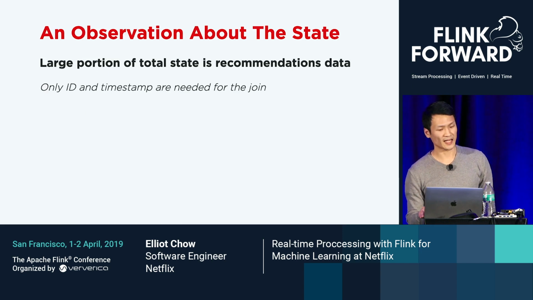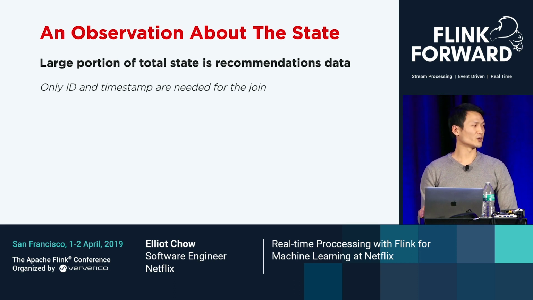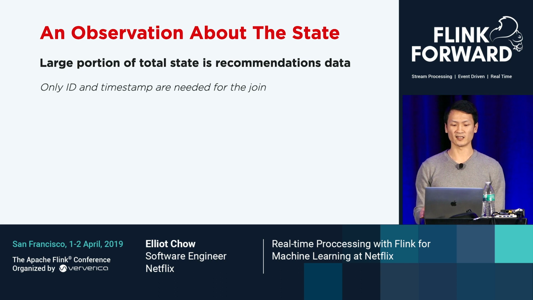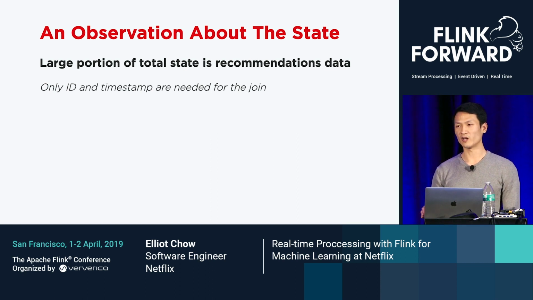In our particular case, a large portion of the data that we're storing in state is just recommendation data, features, context, a bunch of metadata that's useful for machine learning, but not necessarily for this actual join process. So really, all we need is an ID and a timestamp so that we can do this time alignment in the Flink job.